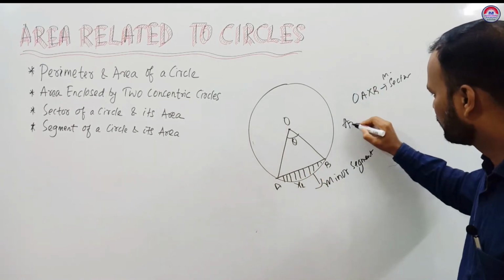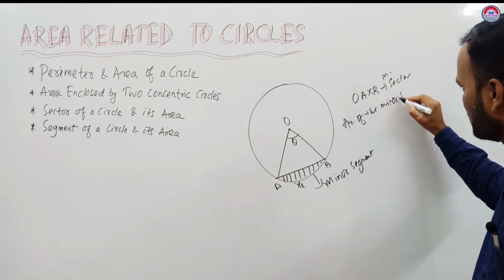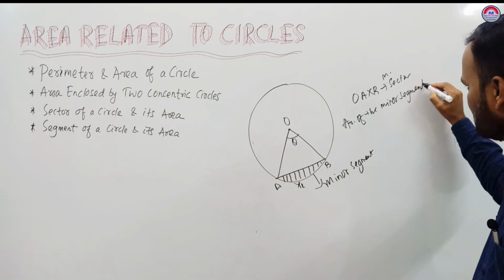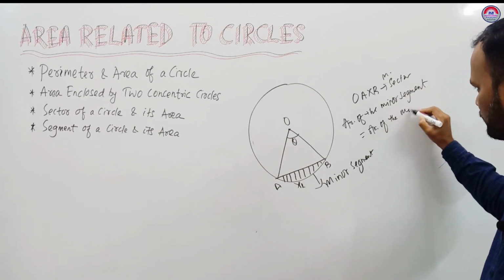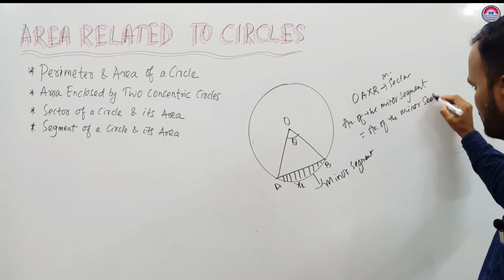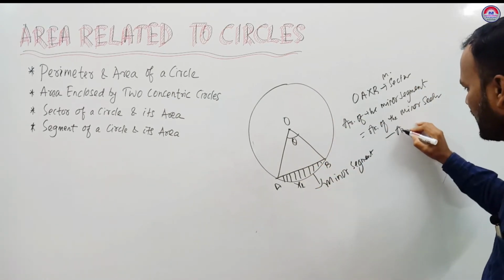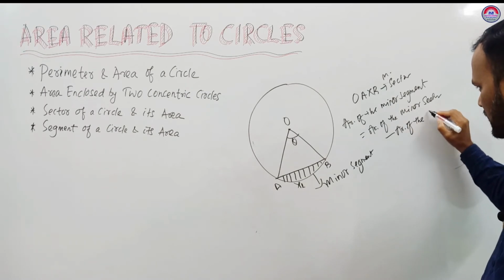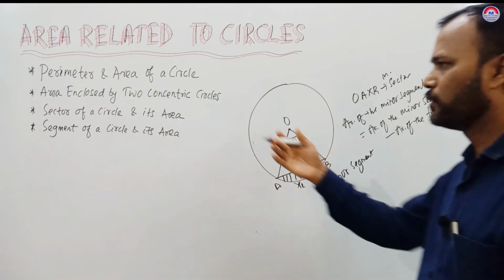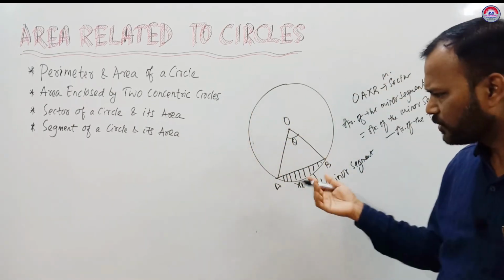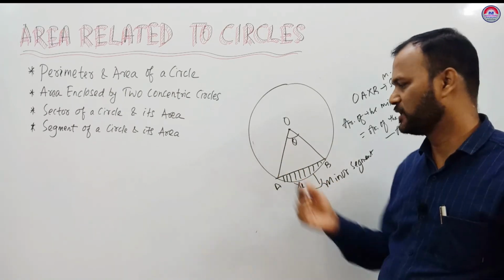So the area of the minor segment is equal to the area of the minor sector minus the area of the triangle. When you do questions, you will see how to find the area of the triangle.